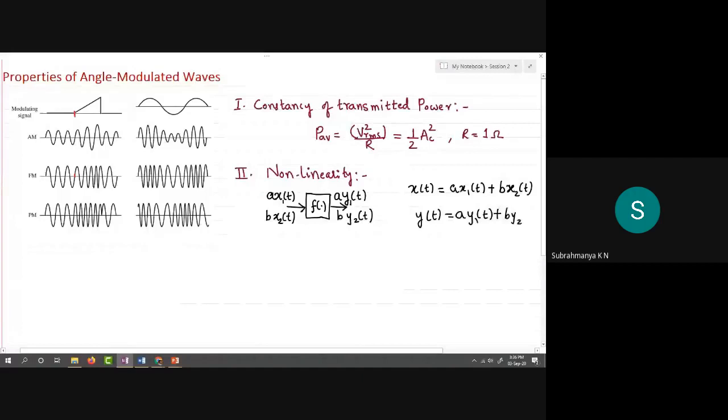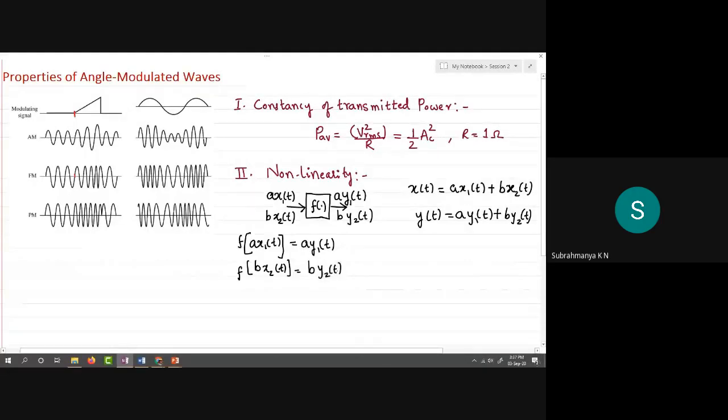What I mean by this is, if I process a times x1 of t through this functional block, it gives you a times y1 of t, and similarly if you process x2 of t, it gives you b times y2 of t.